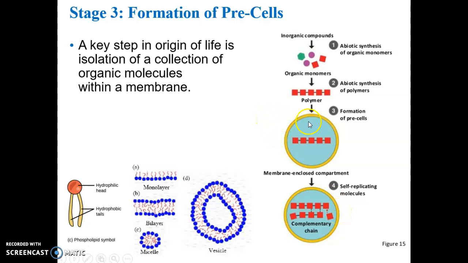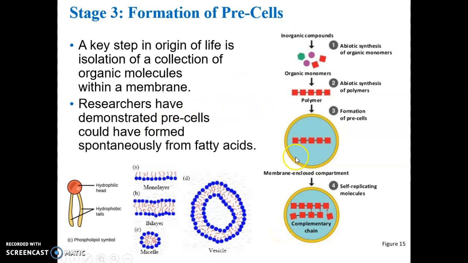But the formation of a membrane-bound structure with organic molecules within it was a necessary step to develop a more complex living cell. Researchers have demonstrated that these pre-cells can form spontaneously from fatty acids.